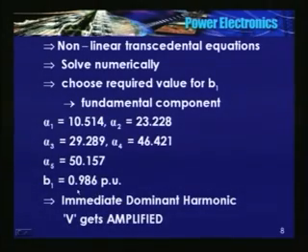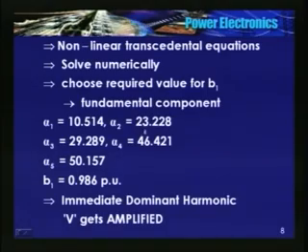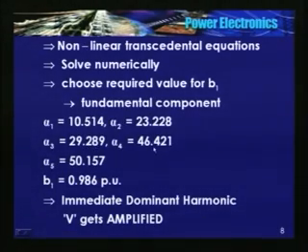And I got these values for alpha. See here, alpha 1 is 10.514 degrees, alpha 2 is 23.228 degrees, alpha 3 is 29.289 degrees, alpha 4 is equal to 46.421 degrees, and alpha 5 is equal to 50.157 degrees.